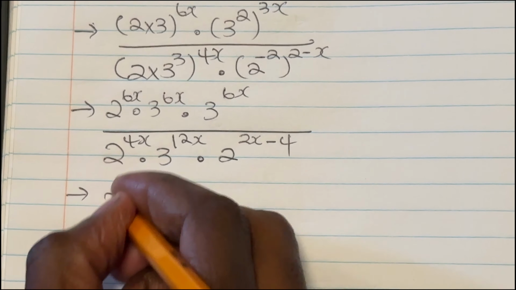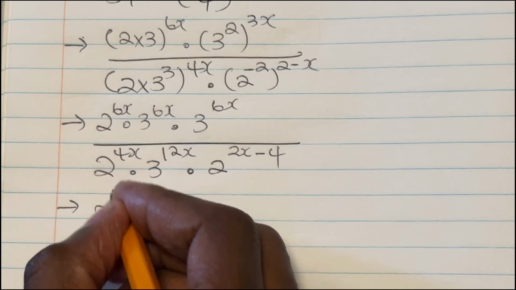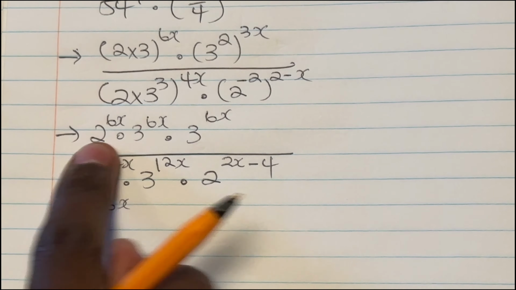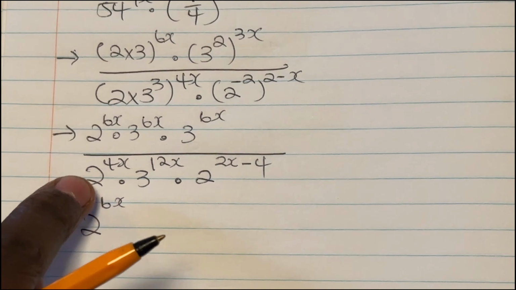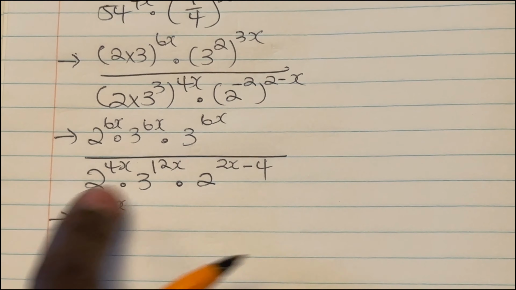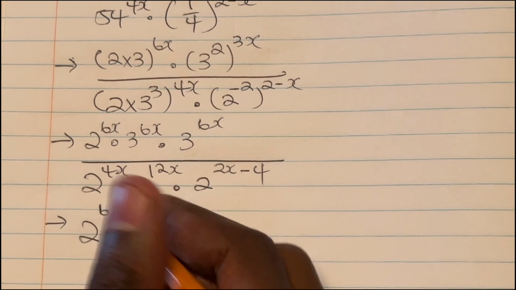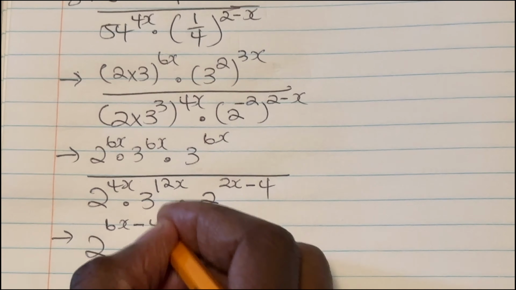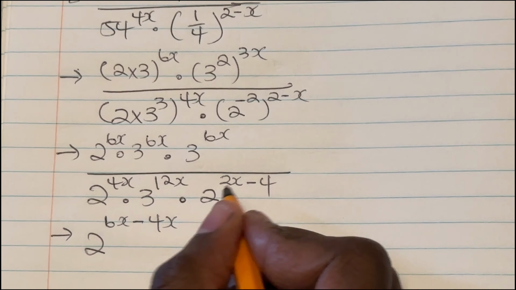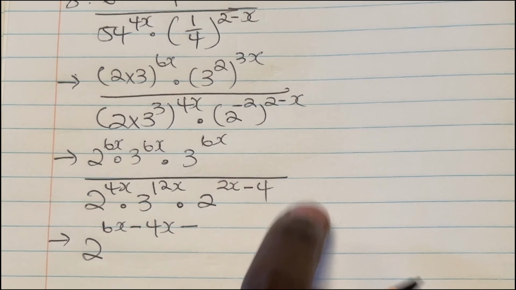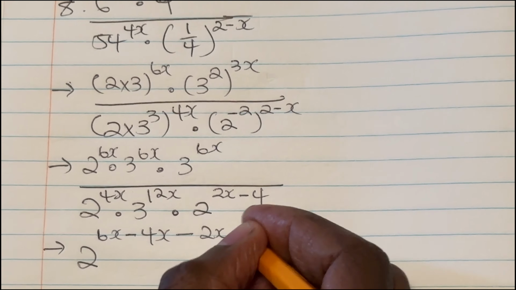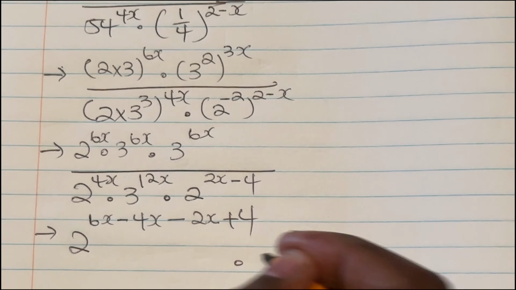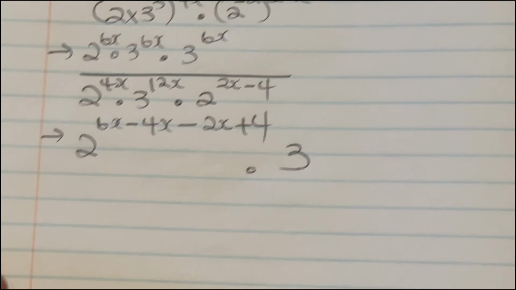We're going to have 2 to the power of 6x at the top. Since there's nothing of similar base 2 at the top, we're going to go below. Below we find 2 to the power of 4x and 2 to the power of 2x minus 4. So you're going to have minus 4x and also, since it's minus, negative 2x plus 4, times 3.